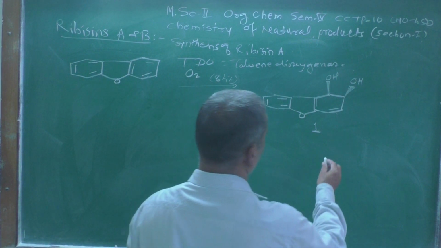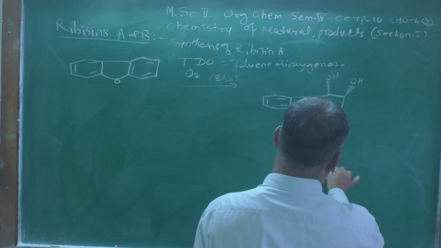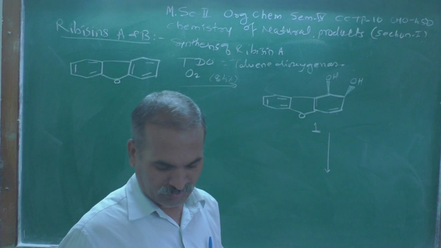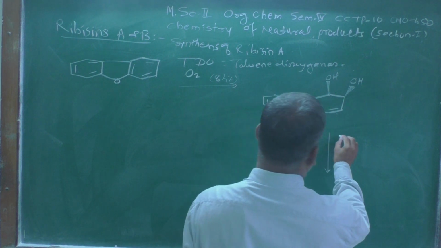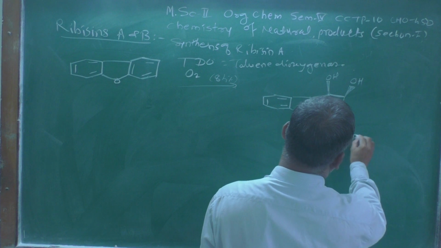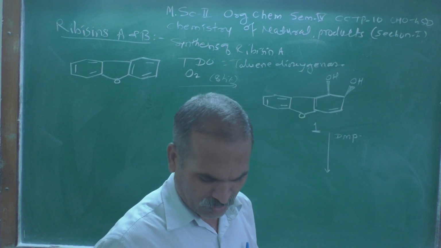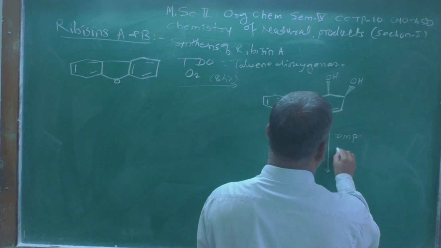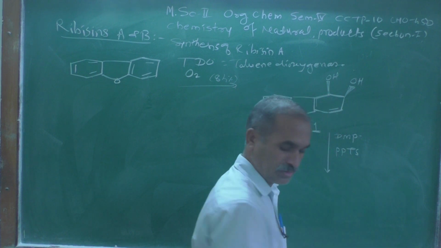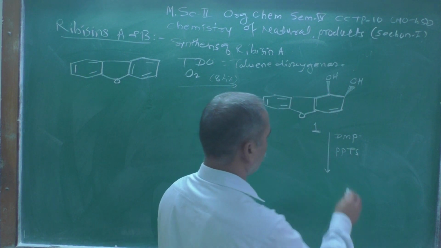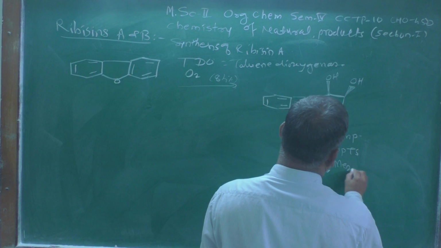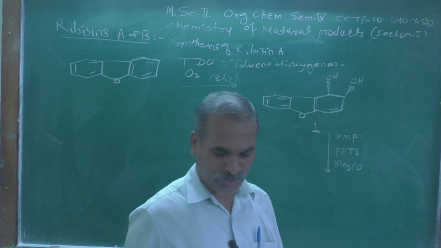Now let us see another one where we can use one reagent, that is DMP, followed by PPTS, then Me2CO, that is acetone.